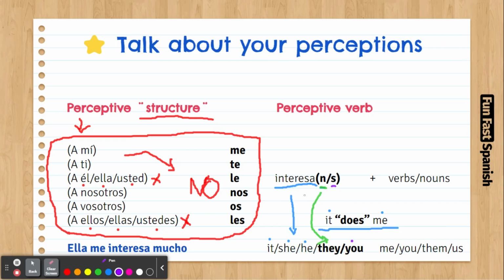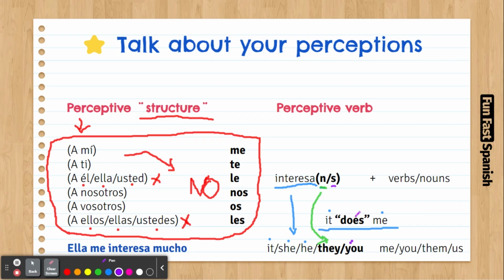If the grapes bother you, then you say las uvas me molestan, because what is bothering you is a third person but plural. Los caballos me molestan. Horses bother me. And anything that is plural is going to be with an N, me molestan. If it's me molestas, that will be you bother me.